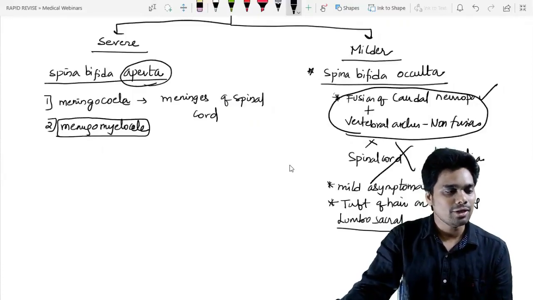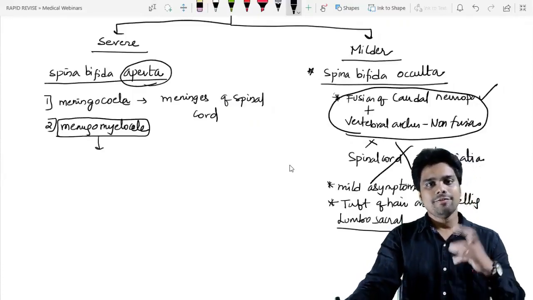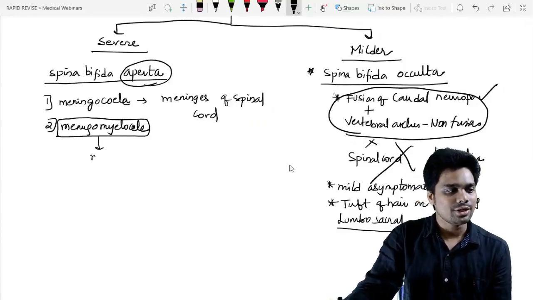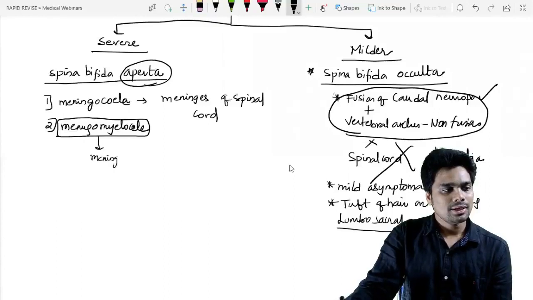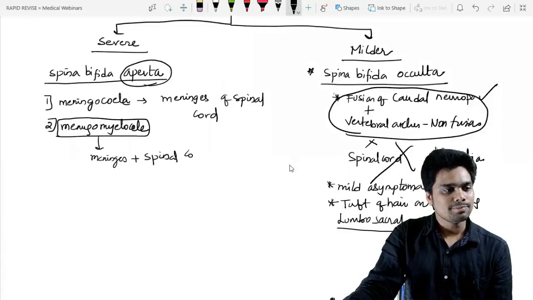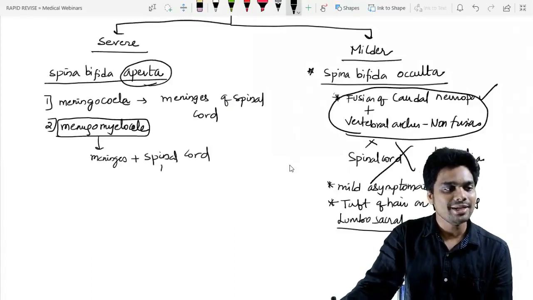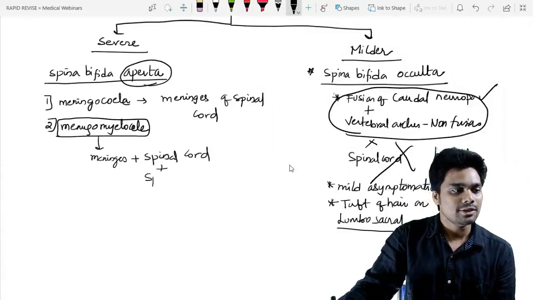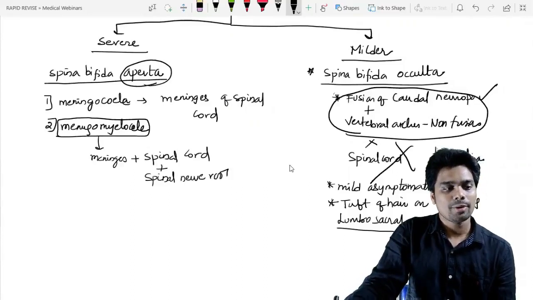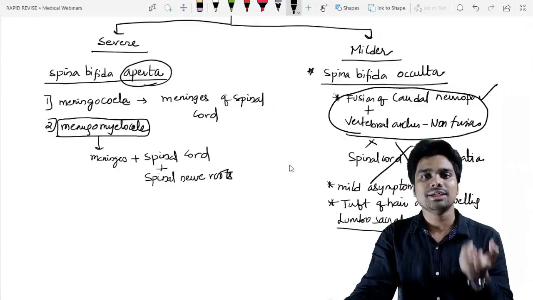What happens in meningomyelocele? There is defective fusion of the vertebral arches. Along with that, there is herniation of meninges plus spinal cord. Along with the spinal cord tissue, there is also herniation of the spinal nerve roots. So here, the spinal nerve roots are getting compromised and the child may present with symptoms.